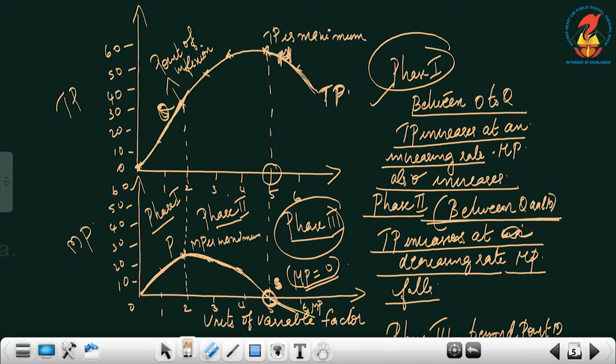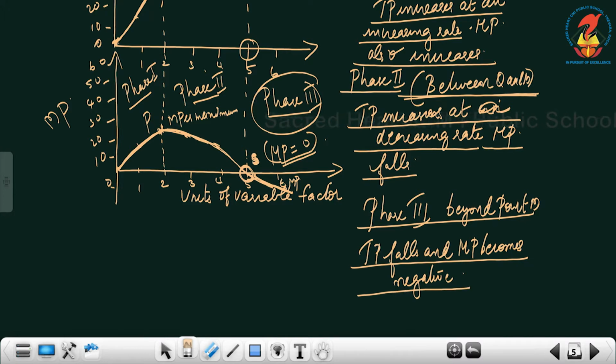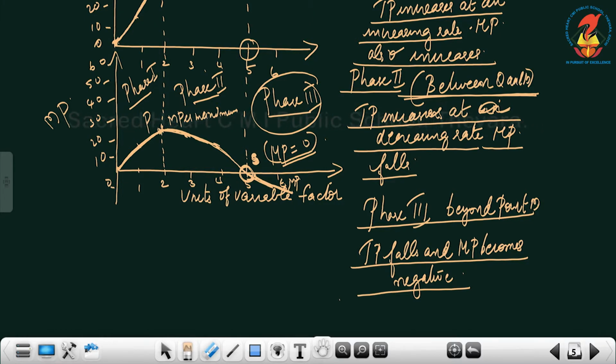What is happening to MP? MP is falling and becoming negative. Here you can find negative values. So in phase 3, that is beyond point M, TP falls and MP becomes negative. So these are the three phases based on the table.